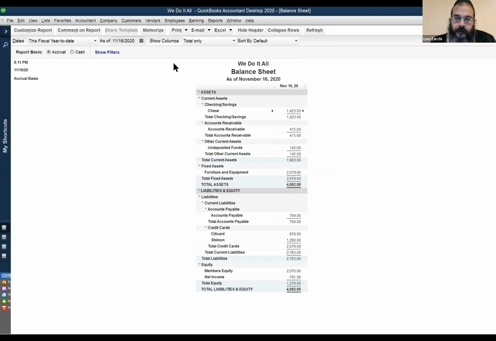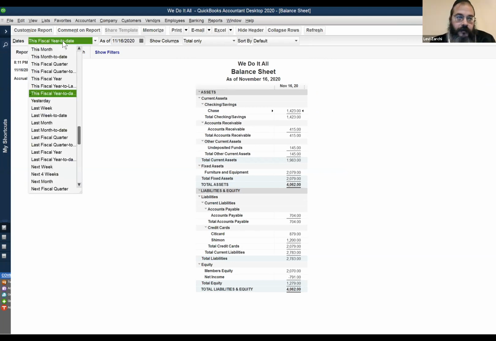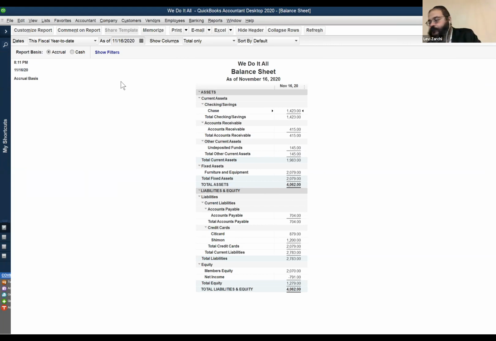The second thing we're going to do is make sure that in the ribbon underneath the menu bar, it says this fiscal year to date. You can actually say this fiscal year or this fiscal year to date. It's the same as of now. And let me see if we have questions here on this item. Not yet. Okay.